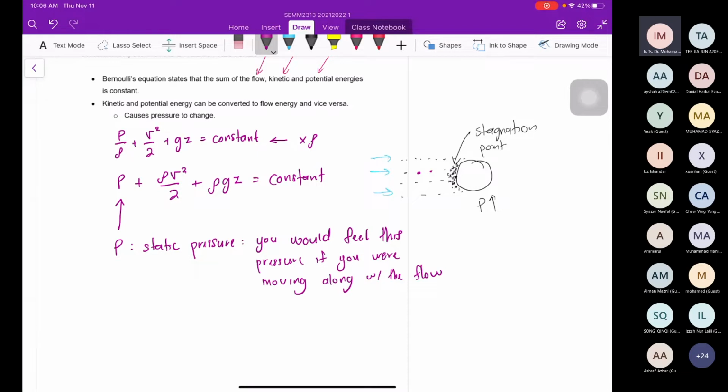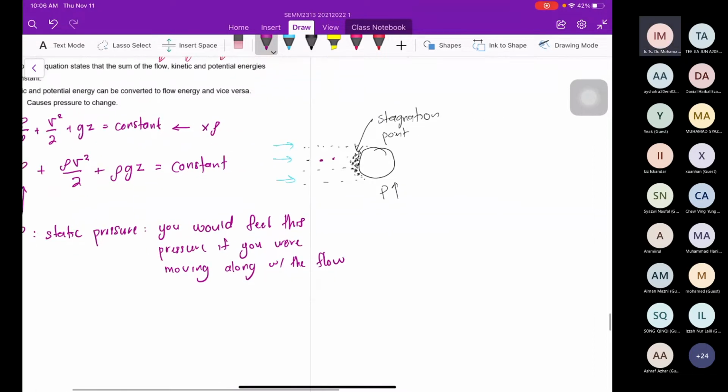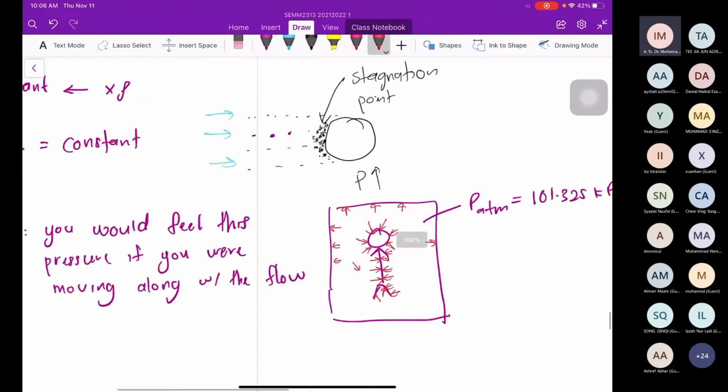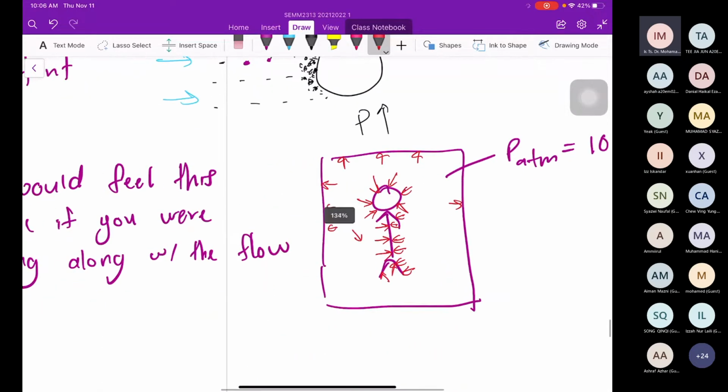Just imagine yourself now, surrounded by the atmosphere, exposed to the atmosphere. The atmosphere, P atm, has a pressure of 101.325 kilopascal. This pressure hits you in every direction. But you cannot feel it, because the pressure inside your body is much more than the atmospheric pressure. We call this atmospheric pressure. This is what we call static pressure, that means the pressure static on you.